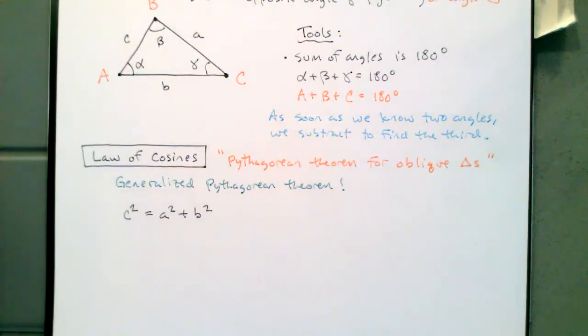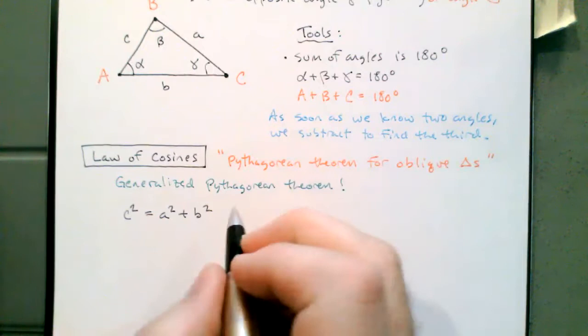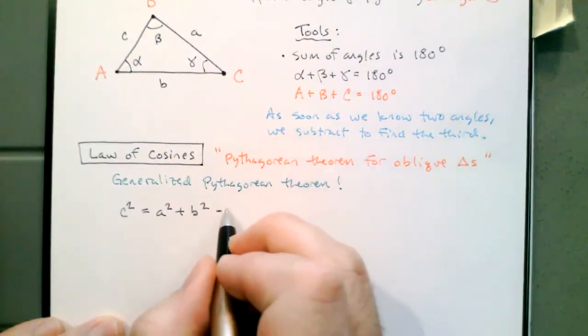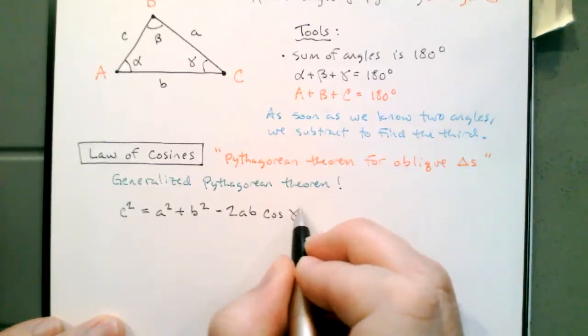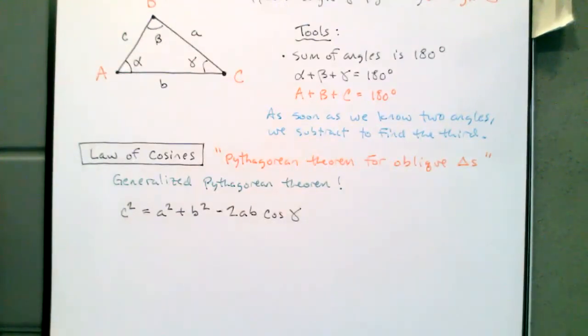But then we have this Raiders of the Lost Ark moment where that's only one side of it, minus 2AB cosine gamma. So it's like the Pythagorean theorem with this extra term, minus 2ab cosine of gamma.